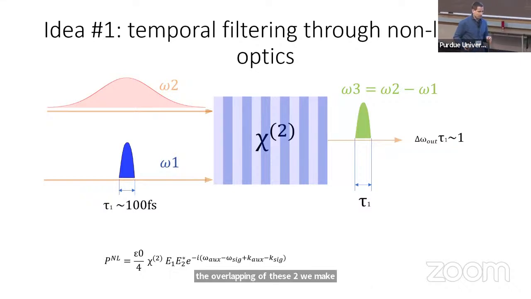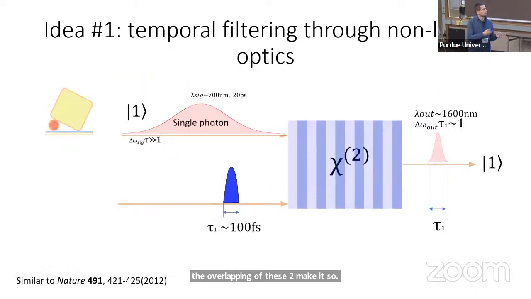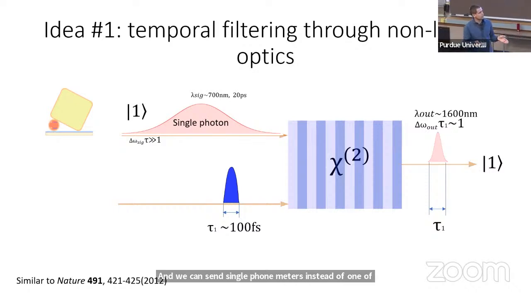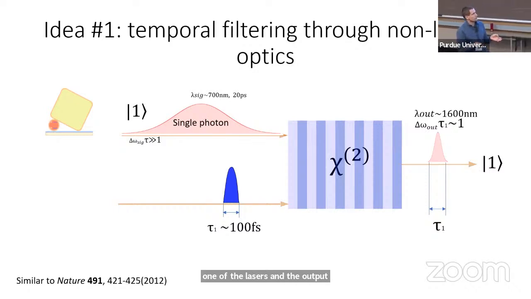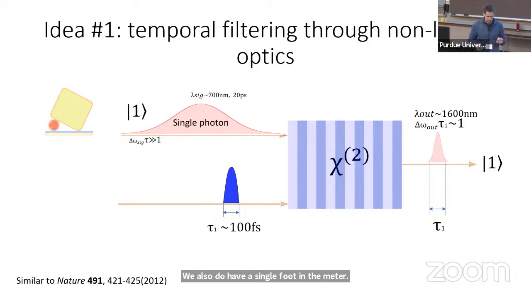So we can apply this process not only to laser beams, but also to single photon emitters. We can send a single photon emitter instead of one of the lasers, and on the output, we also will have a single photon emitter. And as I said before, because of this time overlapping, the output photon also will have a shorter lifetime.